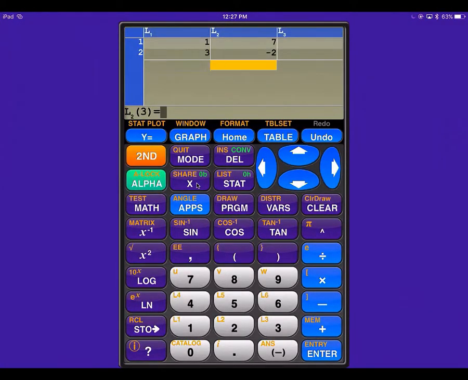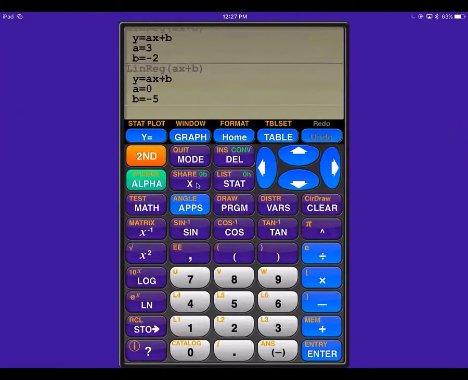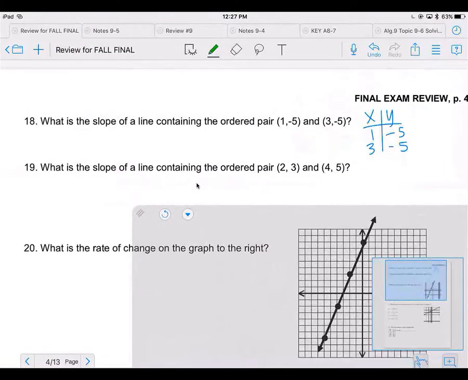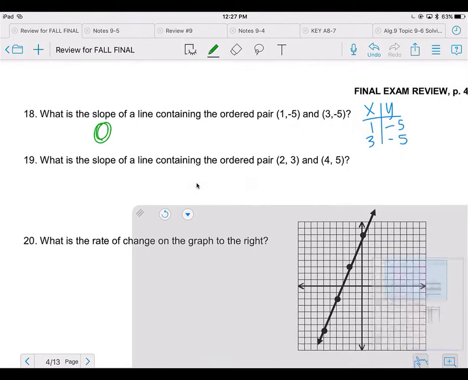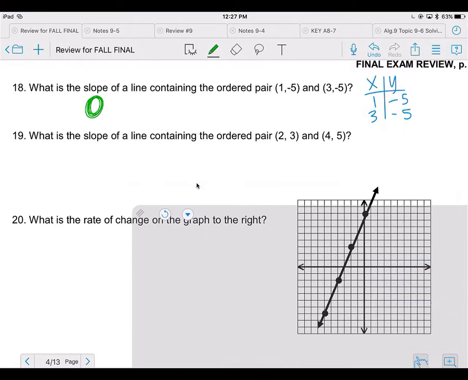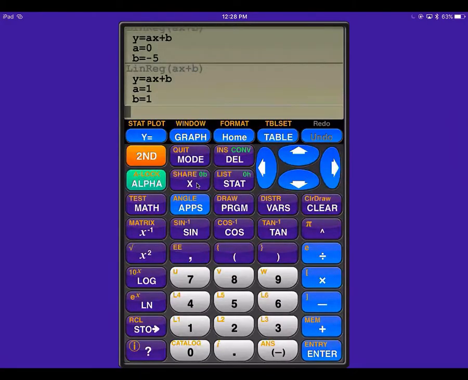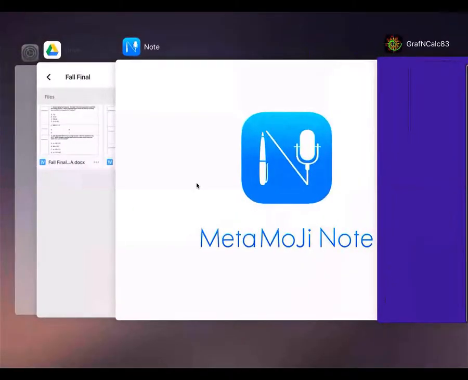So 1, 3, negative 5, negative 5, stat calc 4, and we get that our slope is 0. 19, we're going to do the same thing, plug in the points 2, 3, and 4, 5. Stat calc 4, and our slope is 1.